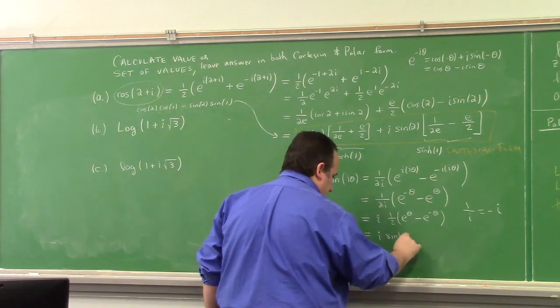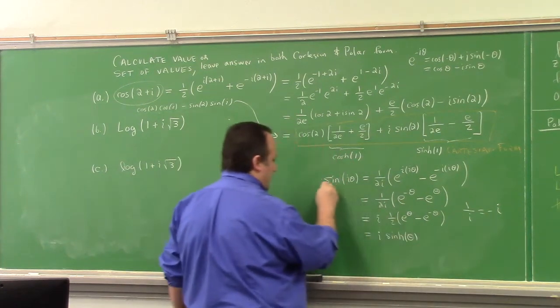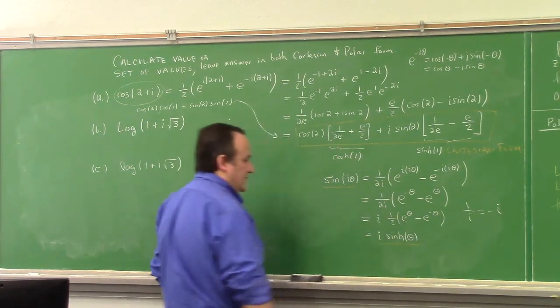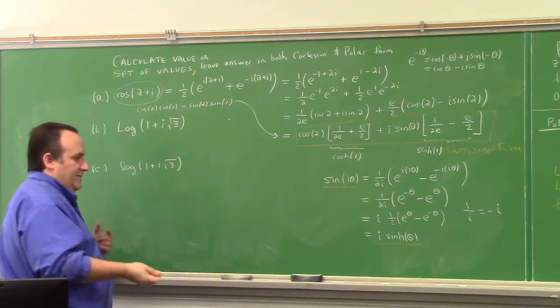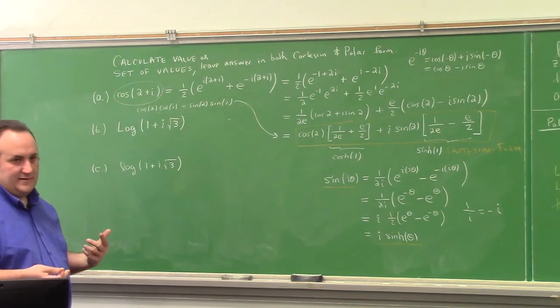This is something I should actually memorize, and I just keep forgetting to, because this is coming up a fair amount. It's also nice to know what happens the other way around. Like, sinh of I theta is what?